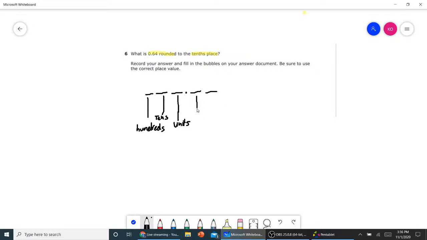Over here is the tenths place, and over here is the hundredths place. And from this question we see 0.64.